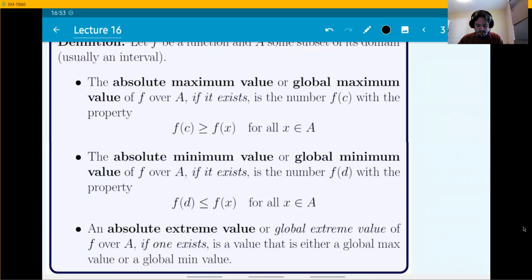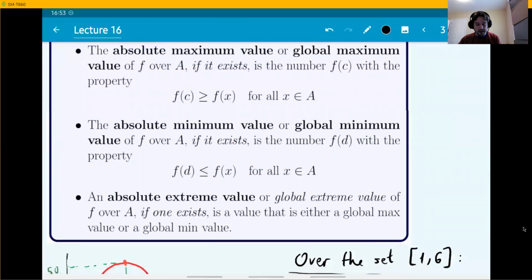Similarly, there is the concept of the global minimum value. It's exactly the same thing, just reverse the inequality here. It is the number f of d that is smaller than or equal to any other f of x. And finally, an absolute extreme value or global extreme value.